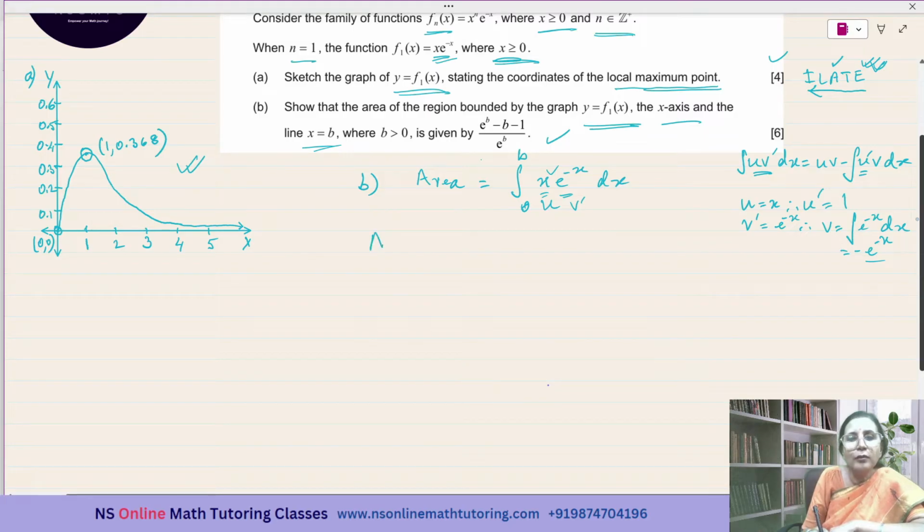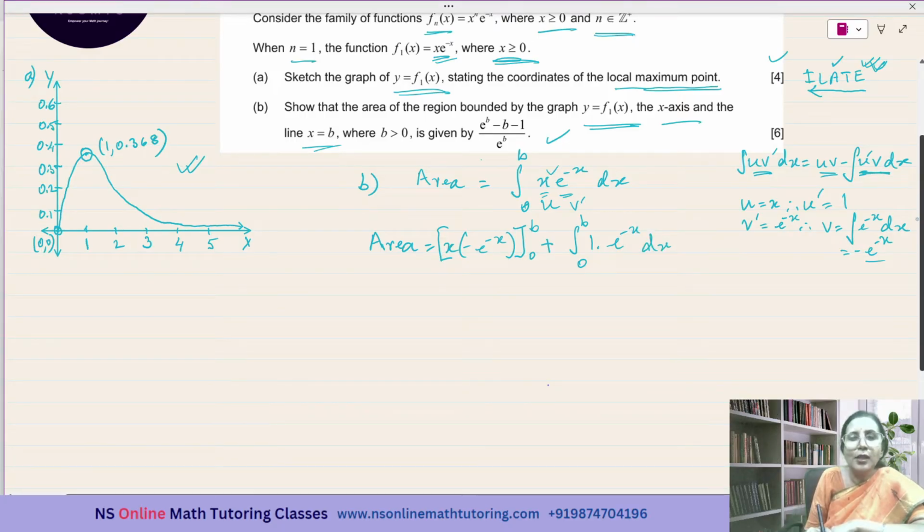Area will be equal to uv. u is x and v is negative e to the power of negative x, and the limits are 0 and b, and minus the integral from 0 to b, u dash is 1 and v is negative e to the power of negative x. So negative times negative will be positive. I am putting a positive sign over here: e to the power of negative x dx, because this is u dash v.